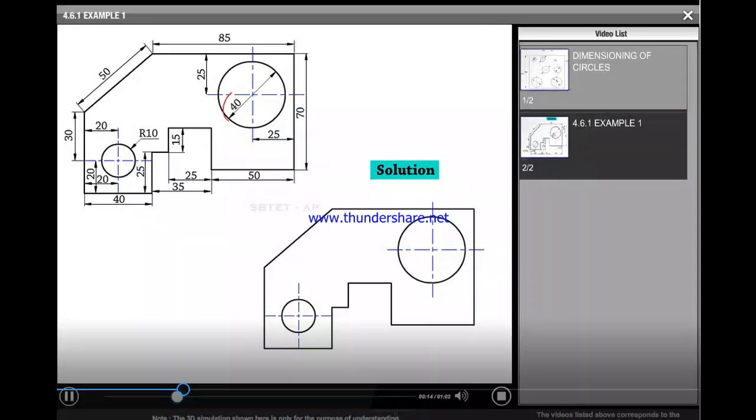In previous lessons we studied how dimensioning is represented. See, for example, this 50 mm or 30 mm or 20 mm, these are all the given lengths. So in any dimension, the dimension value should be outside and it will be given.